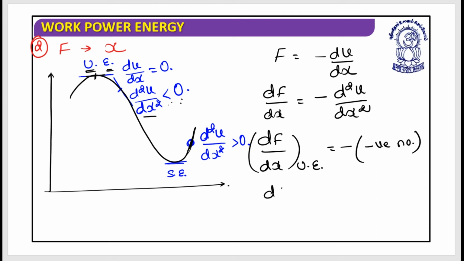So dF by dx for unstable equilibrium should be greater than 0. I hope this is clear. So when I have a graph of F versus x, the slope of this graph, because dF by dx is the slope of that graph, would be greater than 0.